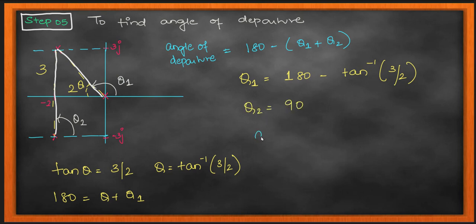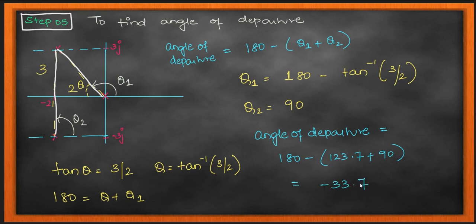Then I can find my theta 1 because I know that horizontal to be 2 and my vertical to be 3, because I know those roots, right? So I know that to be 2 and 3. Then I can find my theta to be tan inverse 3 by 2, which means my theta 1 is 180 minus tan inverse 3 by 2, and my theta 2 is 90 degrees. And then from this I can find my angle of departure.